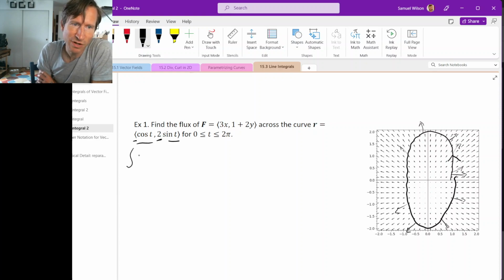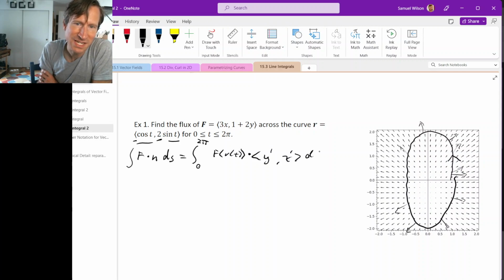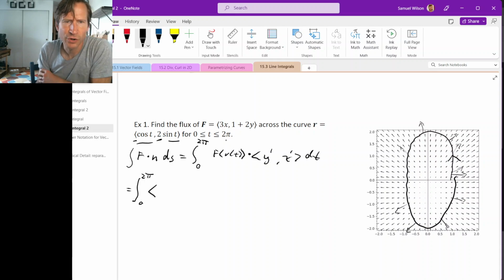So we're going to integrate f dot n ds, which is going to be the integral from 0 to 2 pi of f of r of t, I'll write it out in detail once, dotted with y prime comma x prime dt. So integral from 0 to 2 pi of 3x.